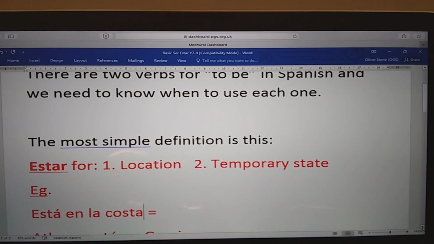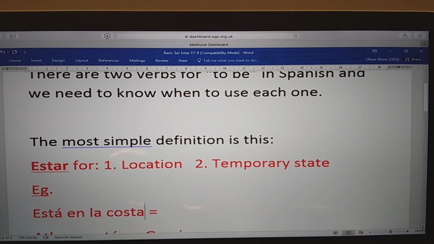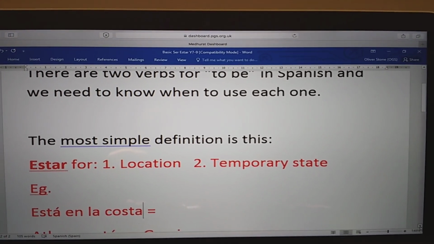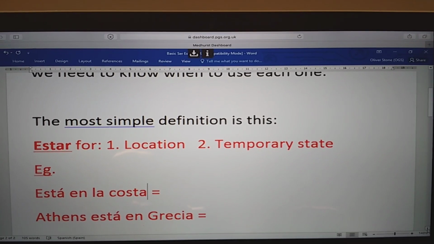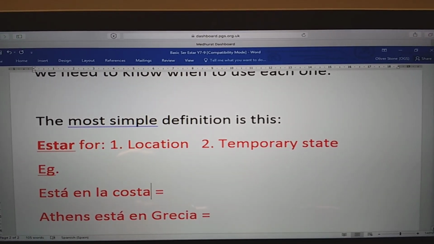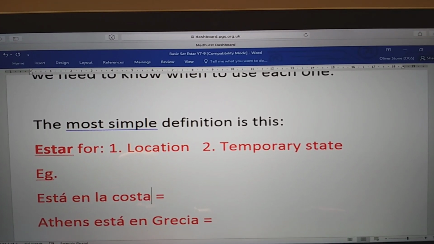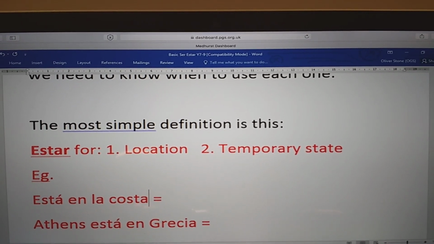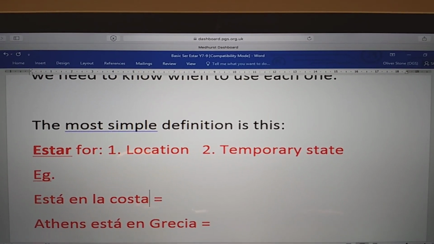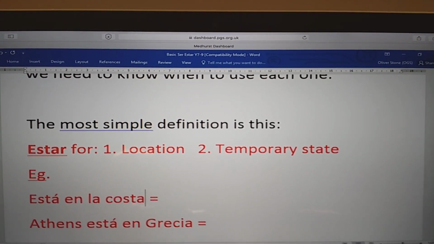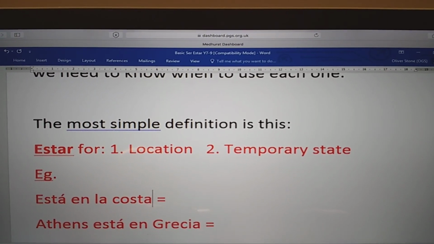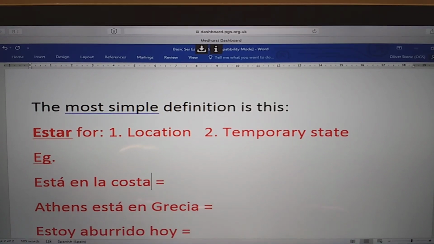Okay, we have to say está en la costa because it's to do with location. Okay. Equally, if we wanted to say Athens is in Greece, okay? If we're talking about location, está en Grecia, if you were talking about the location of the city, okay, you would say está en Grecia.